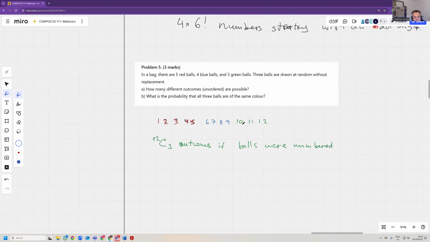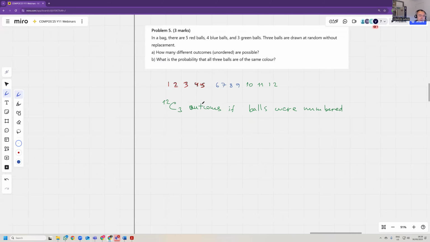But they're not numbered, and the red balls, for example, are indistinguishable from one another. So you have to take a different approach. So we don't need that, and let's not confuse ourselves.